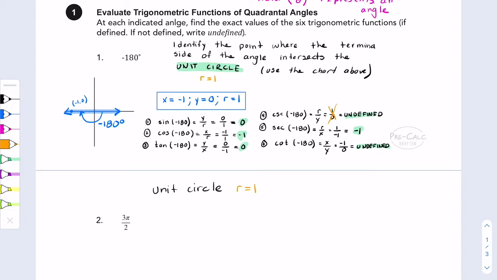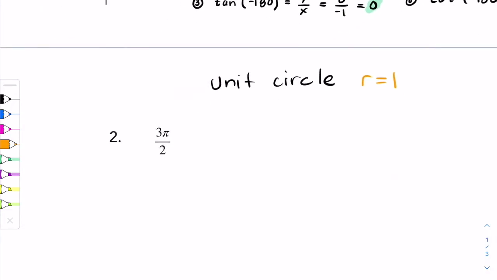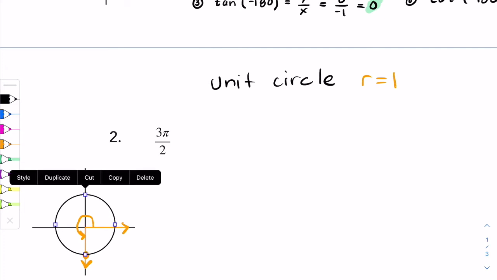And 3 pi over 2, if you remember from the chart above, is the equivalent of 270 degrees. So if I was to sketch this angle in standard position, I have my initial side on the positive x-axis. Counterclockwise to 270 is this angle here. And we're looking for the value of that point, the point where the graph intersects what I just sketched as the unit circle.